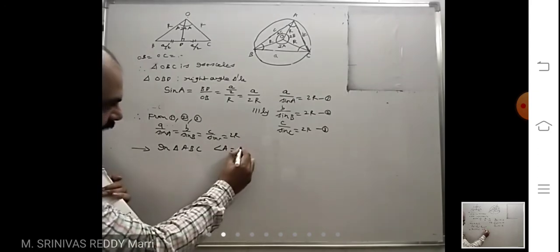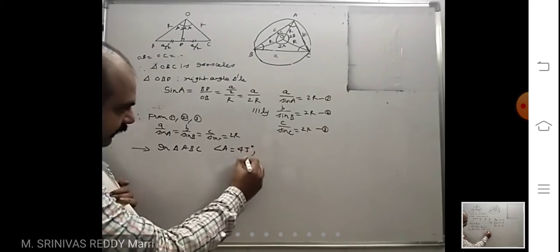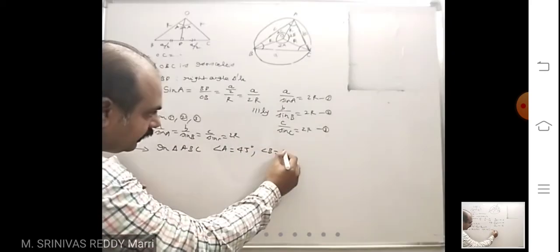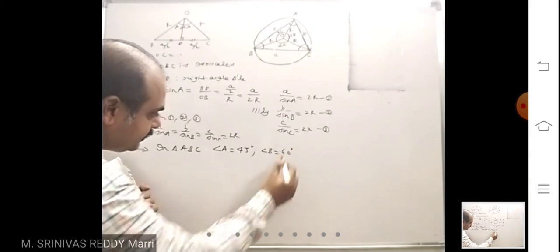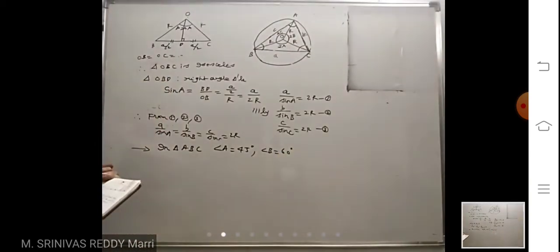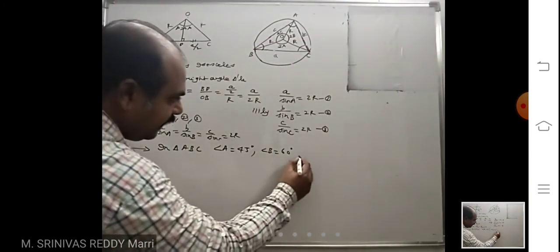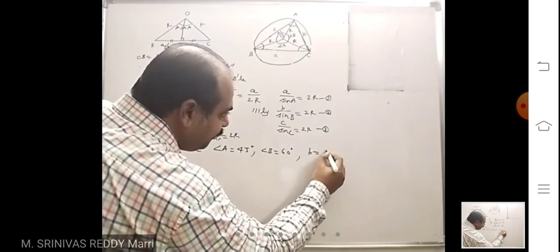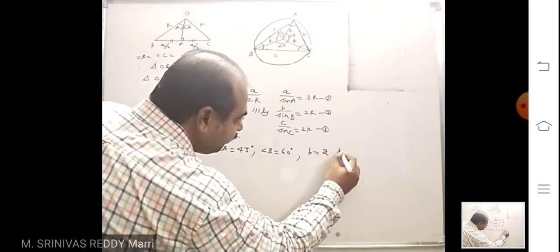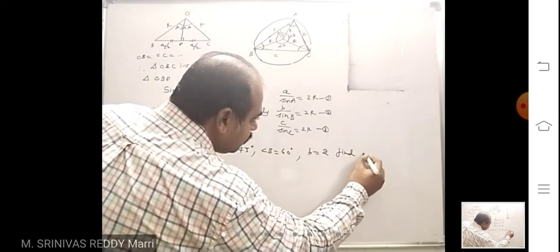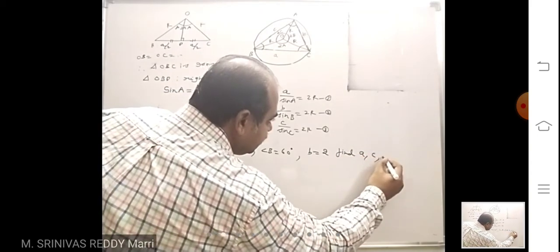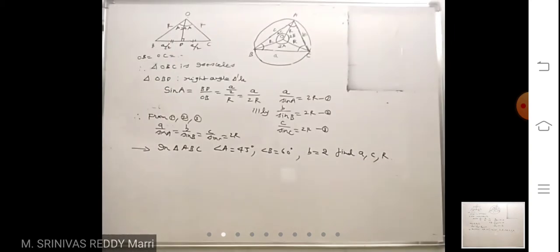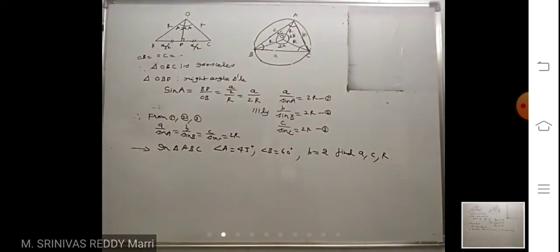Angle A equal to 45 degrees, angle B equal to 60 degrees, and b equal to 2. Find a, c, and capital R.